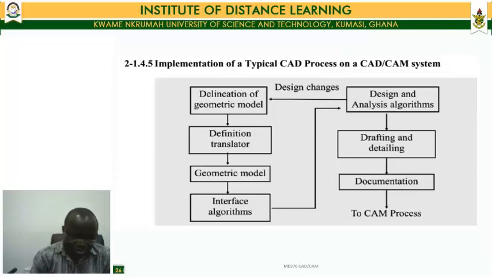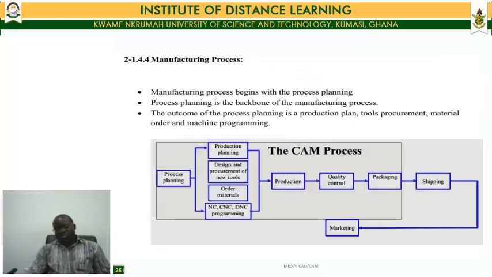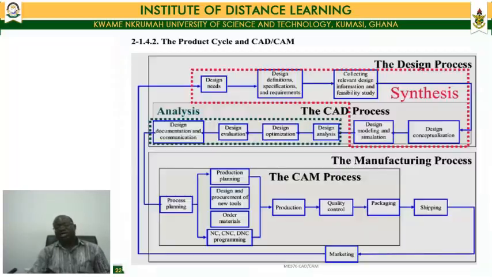Okay, so let's basically look at the implementation of this CAD process on a CAD/CAM system. Now, if you look at the CAD/CAM process, we've looked at that, and then a typical design product life cycle.